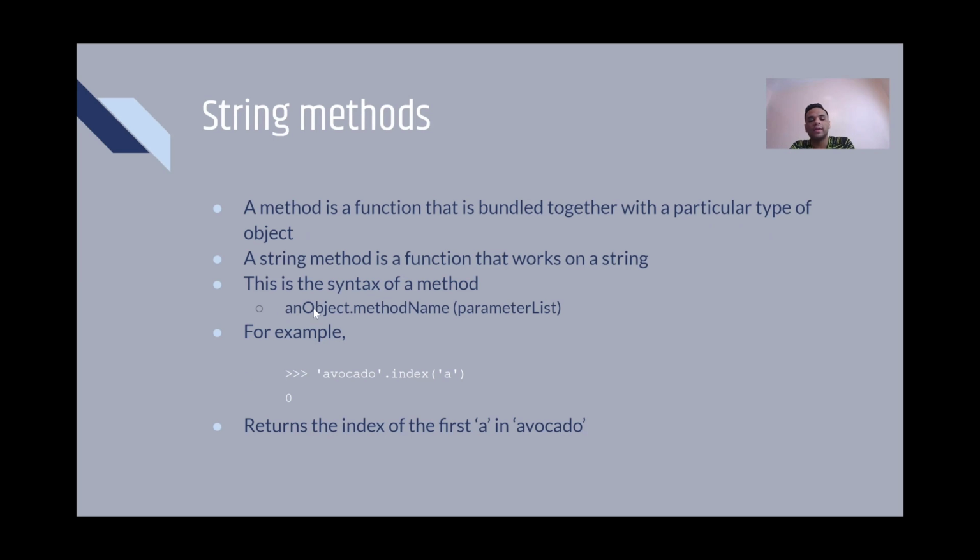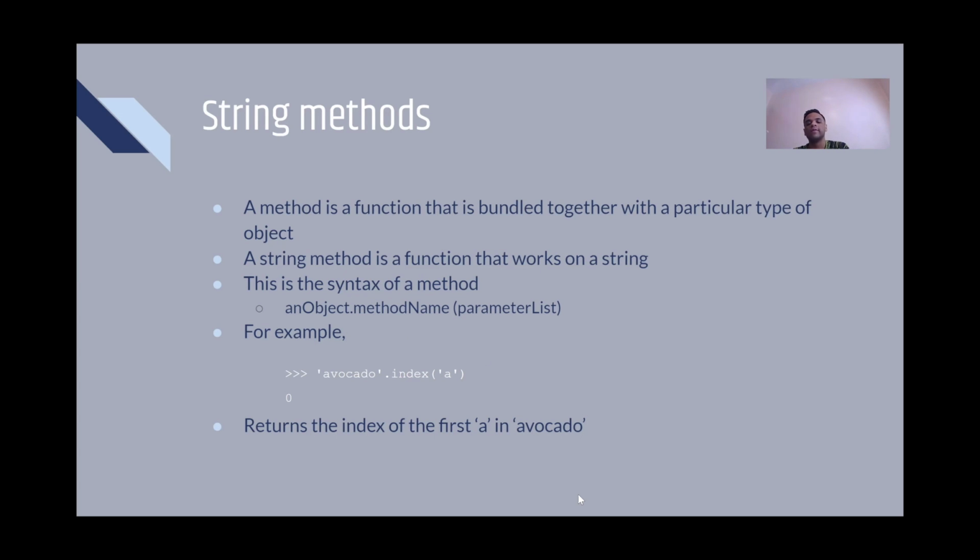The syntax of the method is you start with the object name, whatever string you call it, and then we put the dot. Remember the dot, in lesson 7 we talked about that dot. The dot is like a command, it tells the object what to do. It's like saying object, do this, and we throw that method name, and then we throw the parameter list.